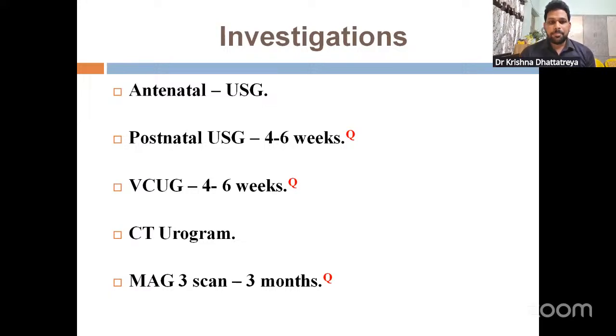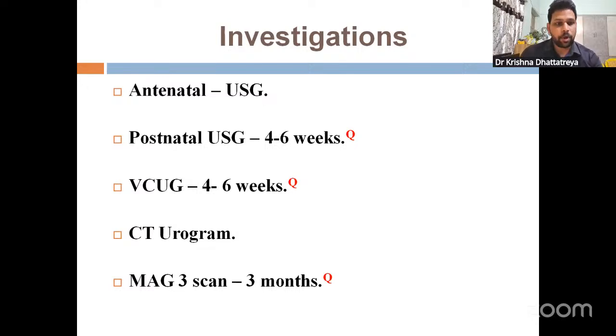Some of the other important questions that can be asked from this topic, these are potential MCQs: when will you do the postnatal ultrasound if the prenatal scan has shown the ureterocele? You have to perform the postnatal ultrasound at 4 to 6 weeks of age, because if you perform the ultrasound before that, there are chances of false negative results. And voiding cystourethrogram, you have to perform at 4 to 6 weeks of age.